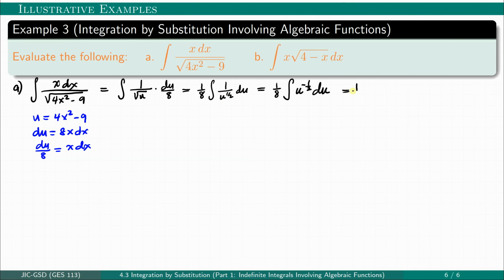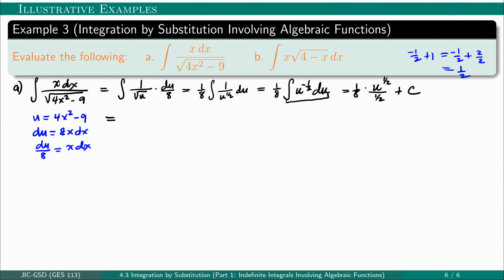So finally, we just use the power rule for this integral. So minus 1/2 plus 1, this will be minus 1/2 plus 2 over 2, or this will be 1/2. So this will give us u^(1/2) divided by 1/2, plus c.